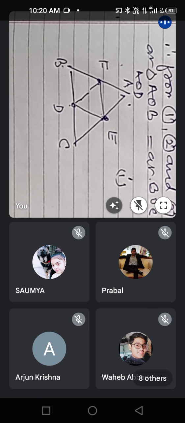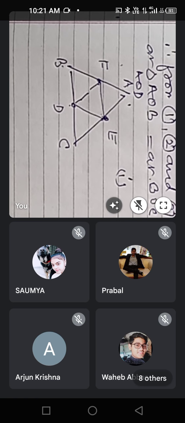Reason the same. Opposite sides are parallel, so it becomes a parallelogram. The reason you can write: the diagonal of a parallelogram divides it into two triangles of equal areas.